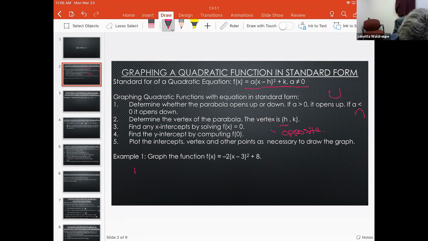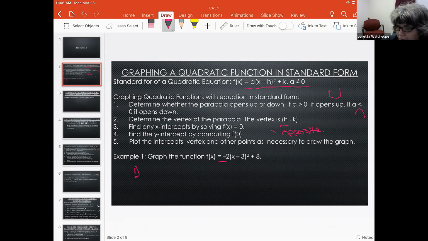Because it shut off. Does that graph open up or down? Here's my a. So does that graph open up or down? Speak it or give me a thumbs up or thumbs down sign if you know.